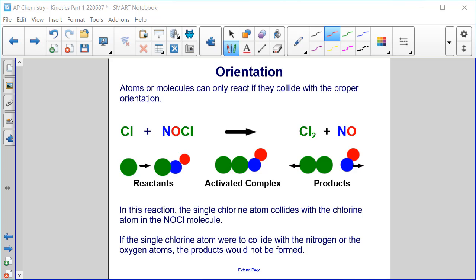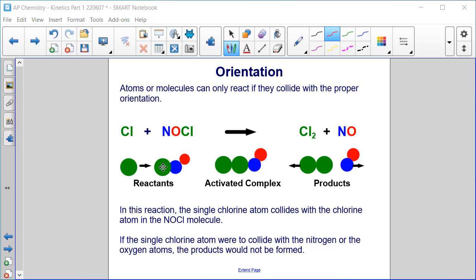Orientation. Atoms or molecules can only react if they collide with the proper orientation. So let's look at the reaction we have seen here. In this reaction, the single chlorine atom on the left collides with the chlorine atom in this NOCl molecule. So NO, and then in green is Cl.